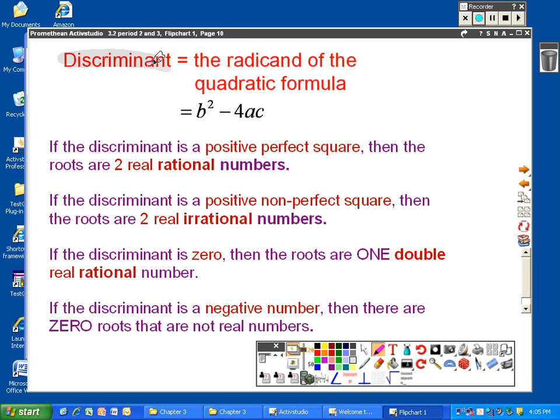b squared minus 4ac. And from the other page, we noticed that if I have a positive perfect square, I will have 2 real rational roots. If I have a positive number that is not a perfect square, my roots will still be real, but they will be irrational.